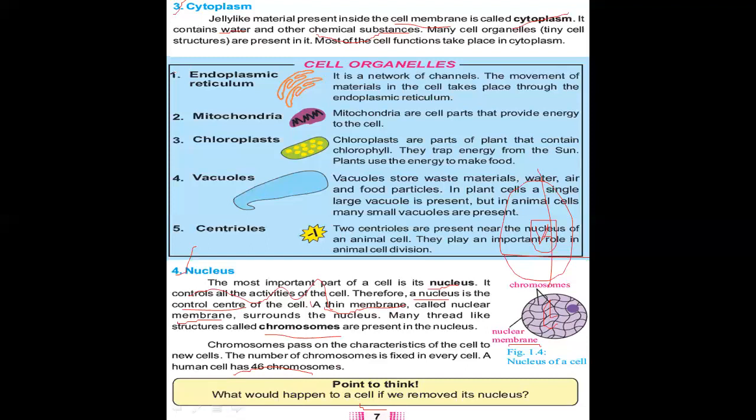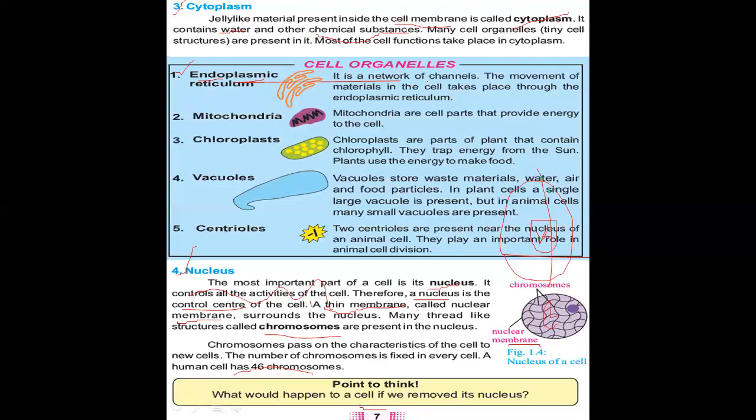Yes, let's talk about some cell organelles which are present in the cell. Later on, we will see their detailed structures as well. So endoplasmic reticulum, endo means inside, plasmic means in the cytoplasm.